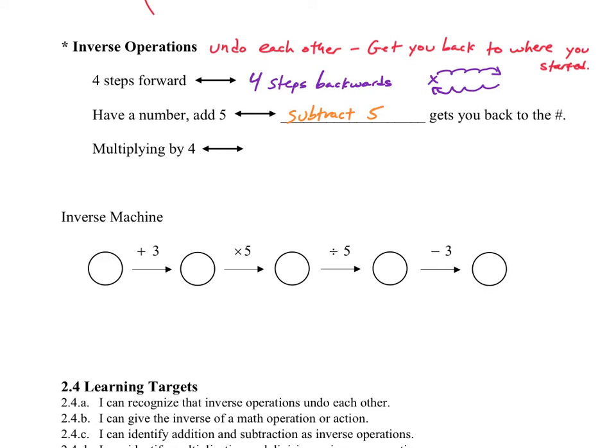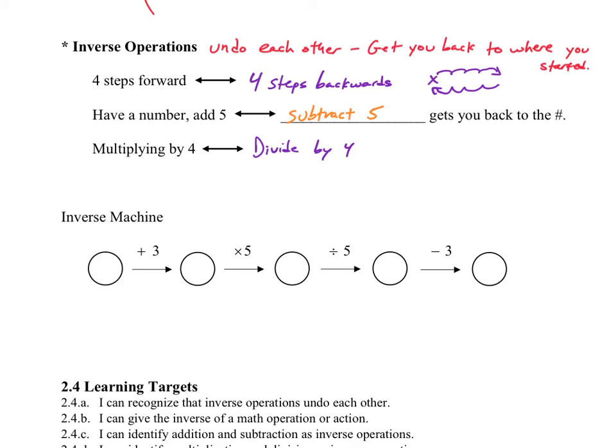Technically, it's not opposites in math, but I found if I say to people, what's the inverse of adding 5? They're less likely to come up with subtracting 5 than if I say, what's the opposite of adding 5? So inverse and opposites are kind of similar. You could look at it that way in your brain if you wanted to. Next one, if you take what you have, multiply by 4, to undo that, you would divide by 4.